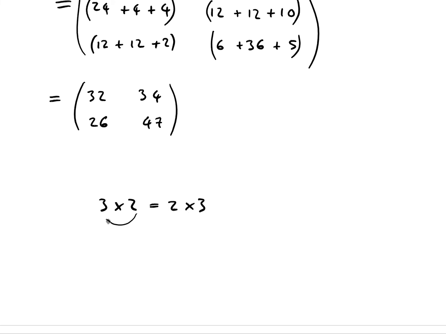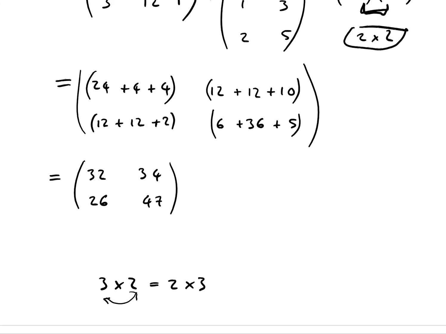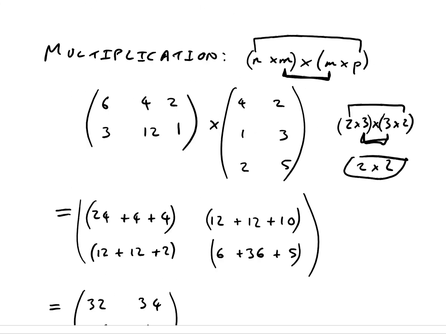So if we flip these numbers around, it doesn't make so much of a difference with multiplication. But with matrix multiplication, it does matter. Because if we now did this multiplied by this, we would get a different answer. And actually, in fact, we would get a different dimension. And it may also not match, because if this number was different, we wouldn't be able to do the matrix multiplication in the first place.